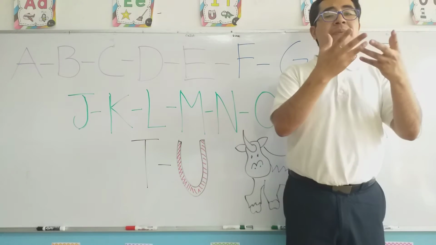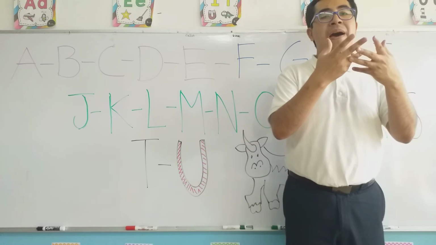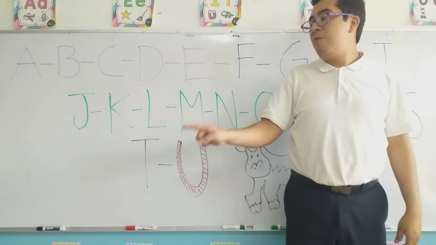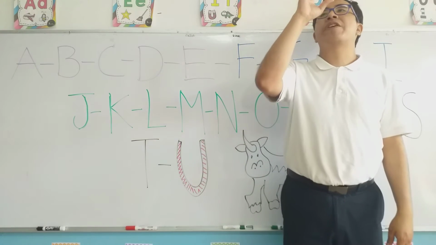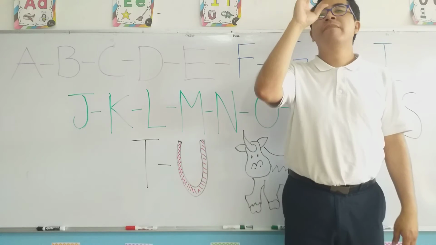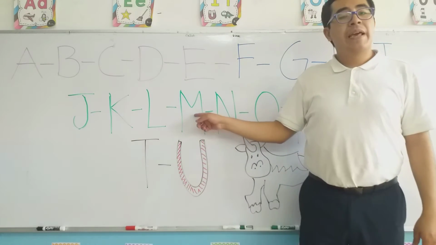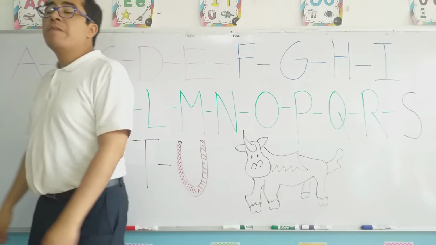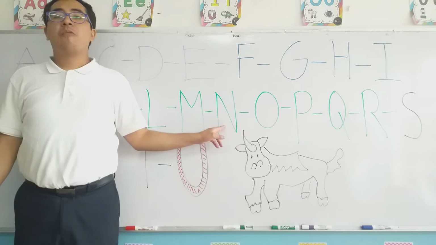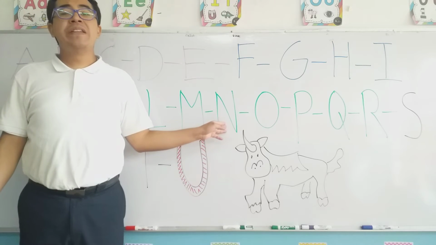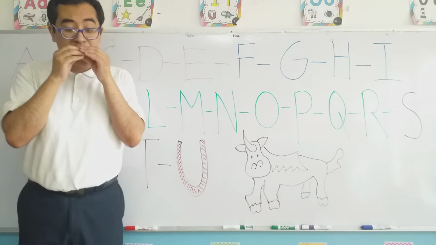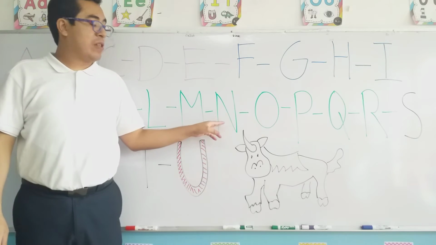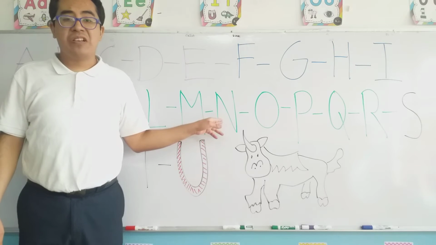Capital M for mother or mom. Remember, both of them have the same meaning, mama or mami. Also for milk, the white liquid that we drink. Milk, leche. For capital N, we had the nut, squirrel's favorite food, nuez. We also had the nurse.